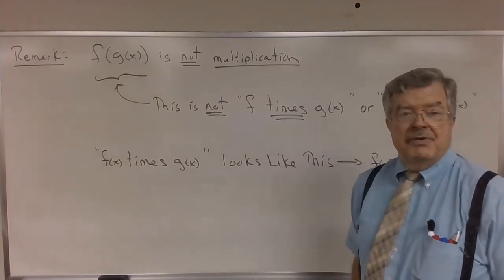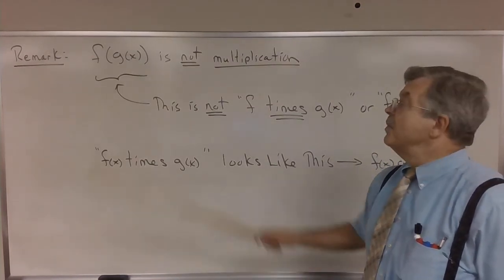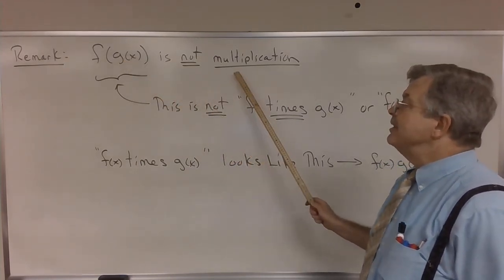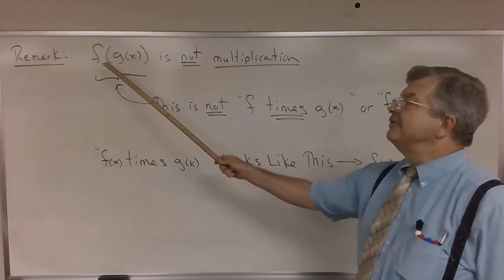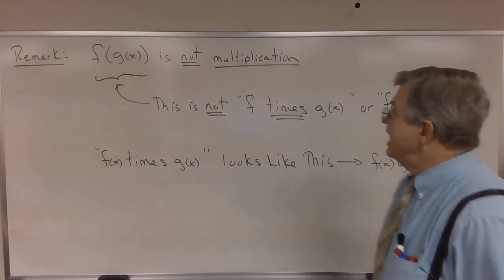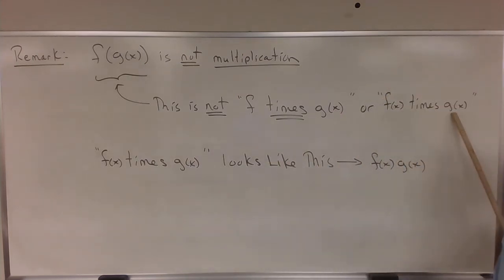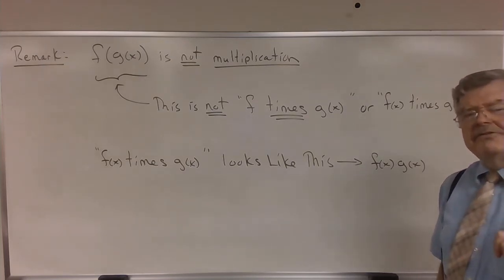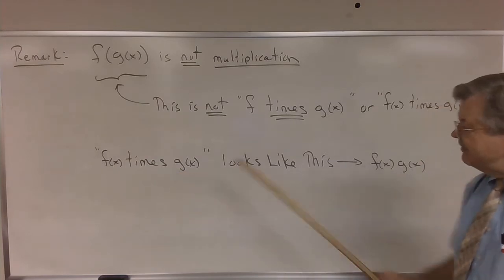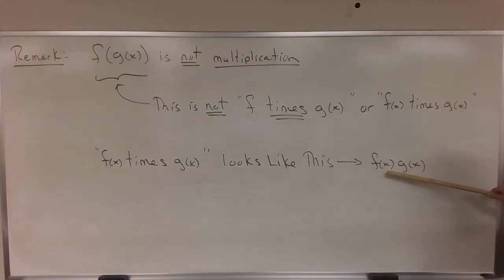Let's make sure that we're clear on what this is not. This is not multiplication. This is not f times g of x, and it's not f of x times g of x. Just to make a distinction between the two, this is what f of x times g of x looks like.